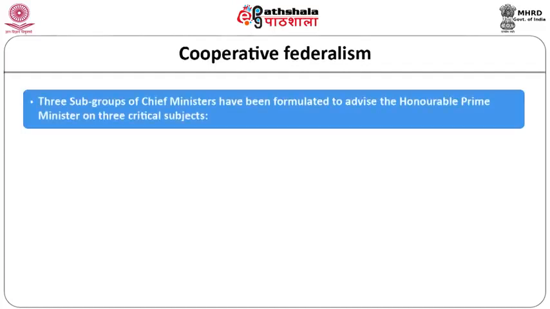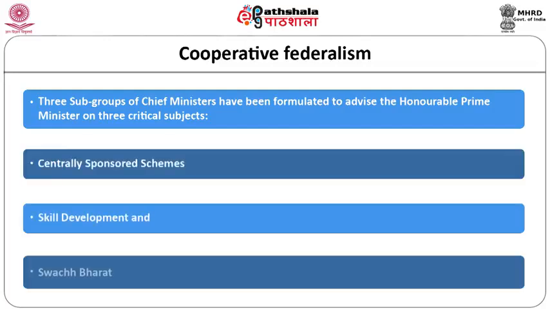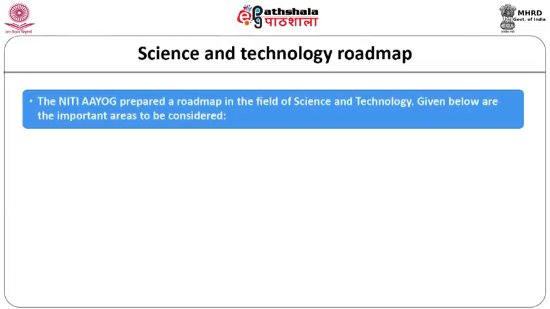Now, 3 subgroups of the Chief Ministers have been formulated to advise the Honorable Prime Minister on 3 critical issues, that is, centrally sponsored schemes, skill development, and Swachh Bharat. Another activity is science and technologies roadmap for future. The Niti Aayog prepared a roadmap in the field of science and technology.